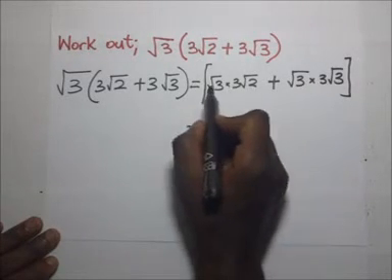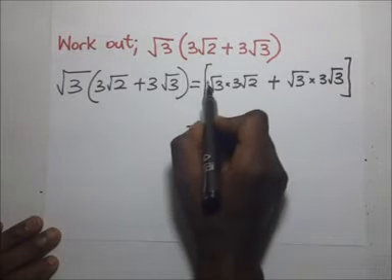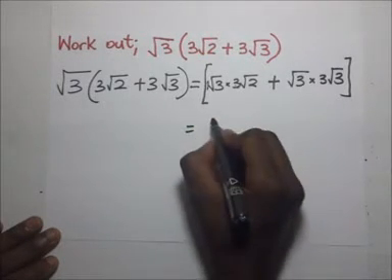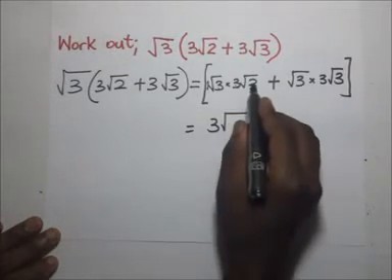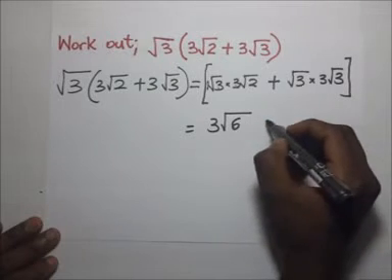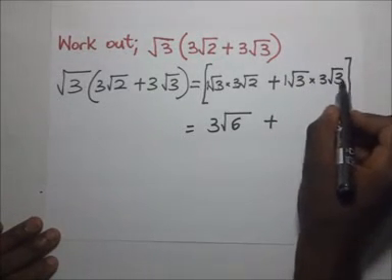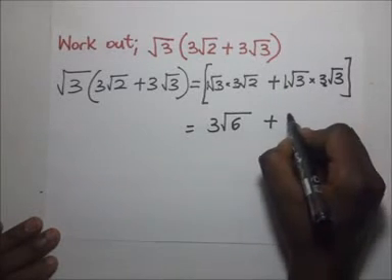So we shall first multiply the whole numbers together. So 1 times 3 is 3. Then root 3 times root 2, 3 times 2 is 6, right? So it is root 6. Then plus, then we have this is 1 root 3 times 3 root 3. So we first say 1 times 3, which is 3.